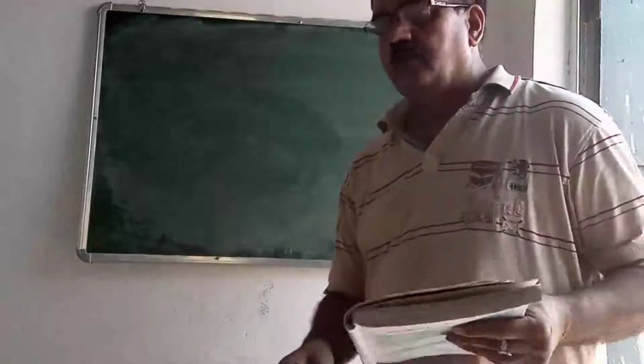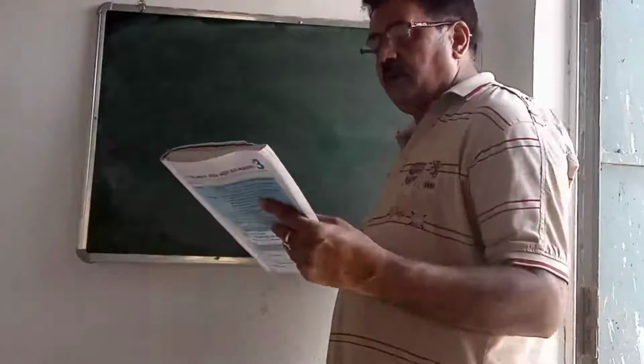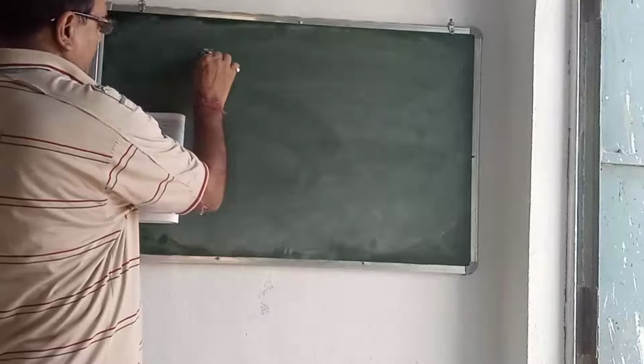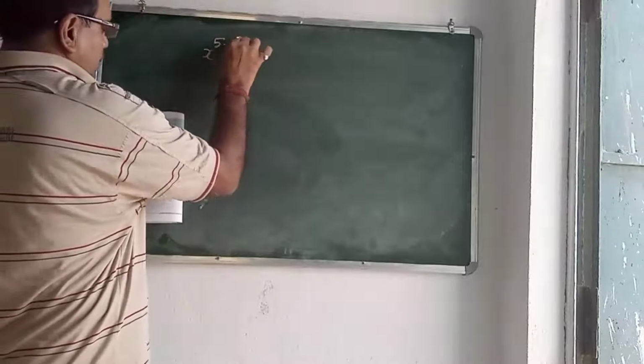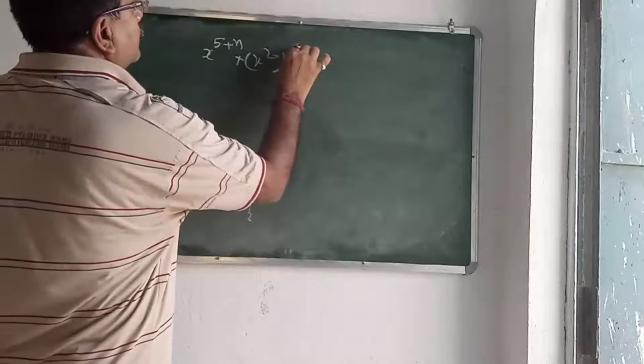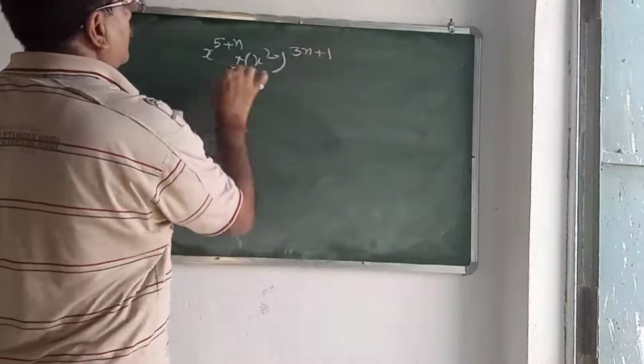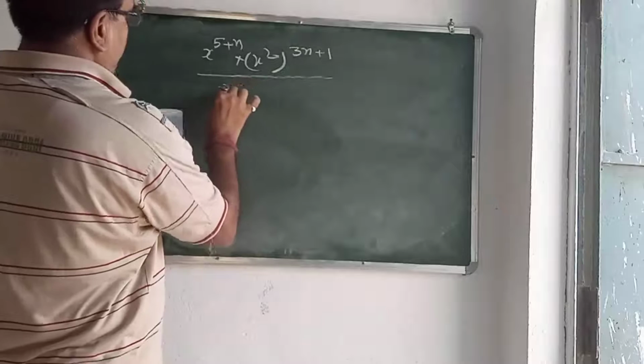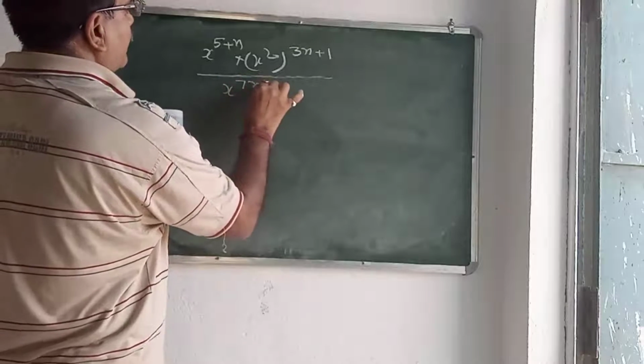Next question. See, x to the power 5 plus n into x square to the power 3n plus 1 by x to the power 7n minus 2.